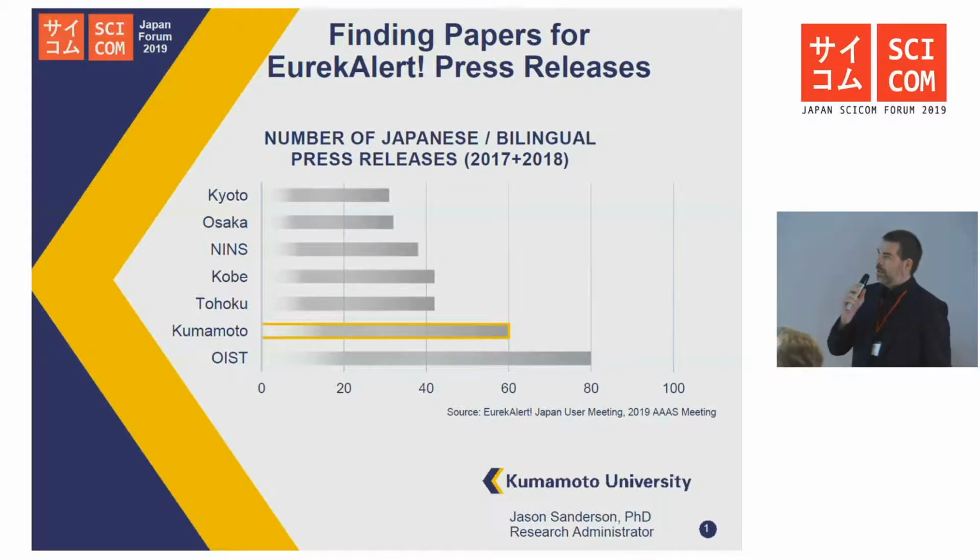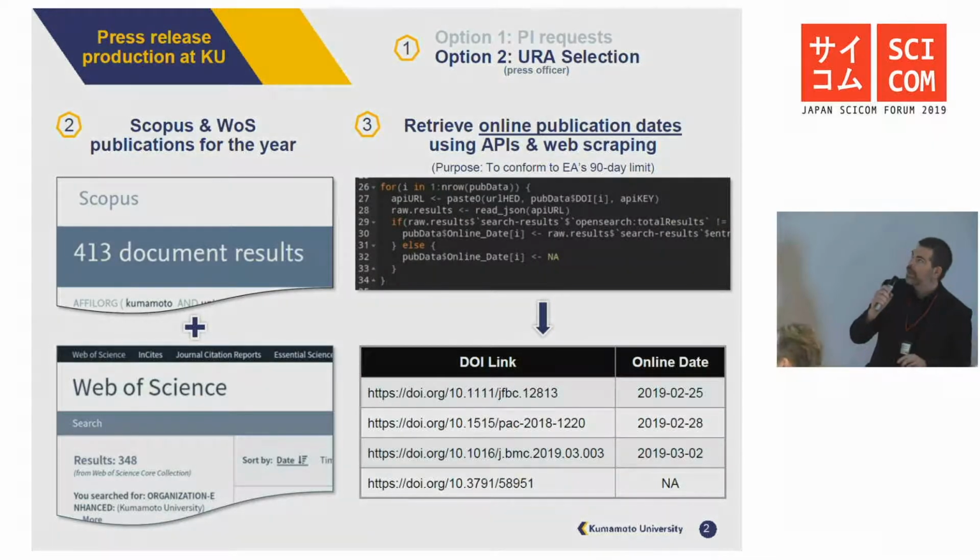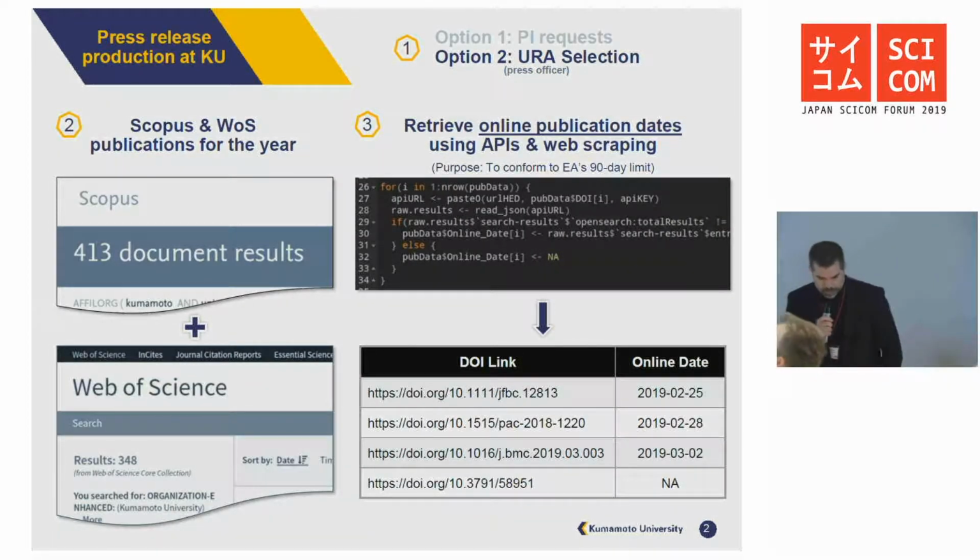And this is a little graphic that shows how well we have done in the past couple of years submitting releases to Eureka Alert. Okay, so I think we don't do something that's terribly different from many of your universities.